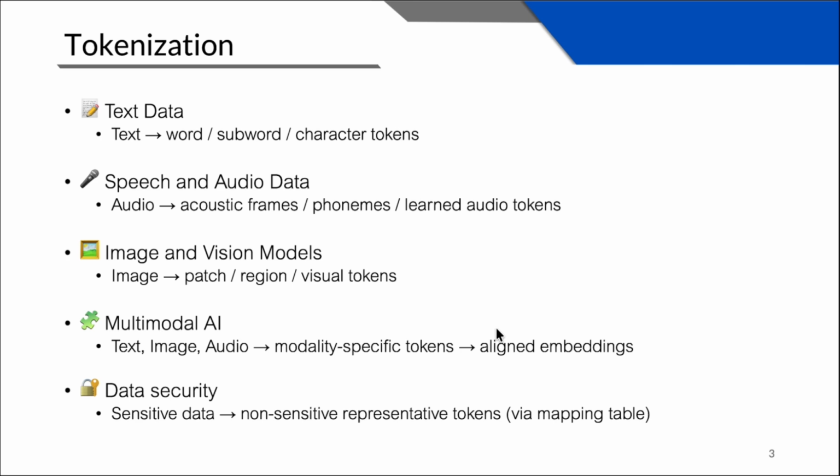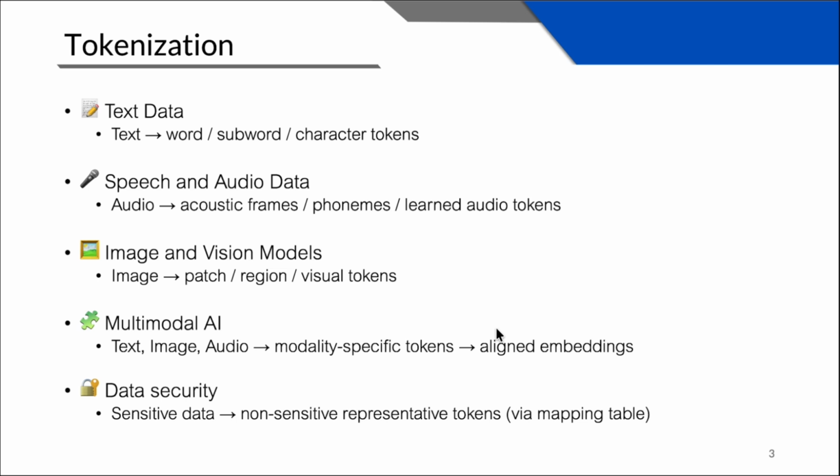In fact, tokenization is not limited to text data. We have text data, we have audio and speech data, where tokenization transforms the waveform into acoustic frames or learned discrete units.